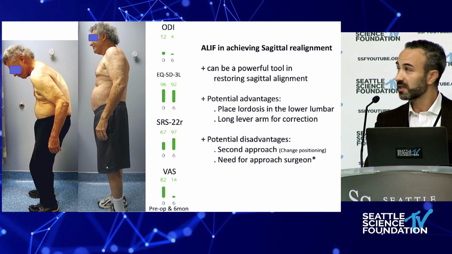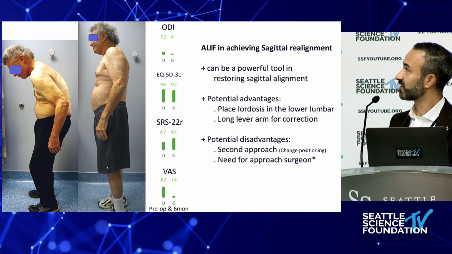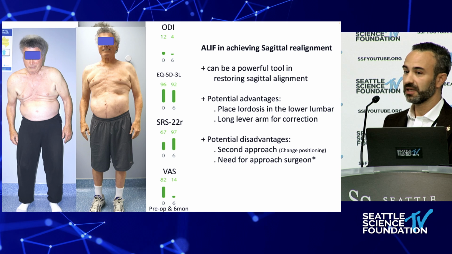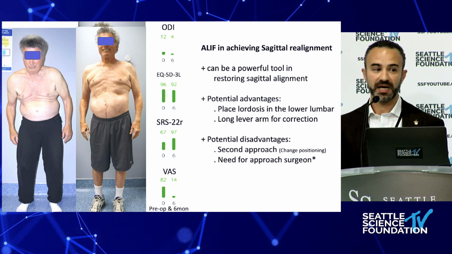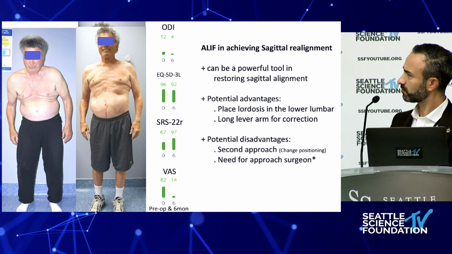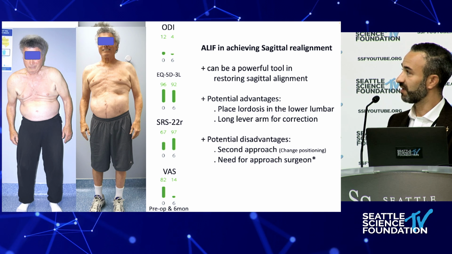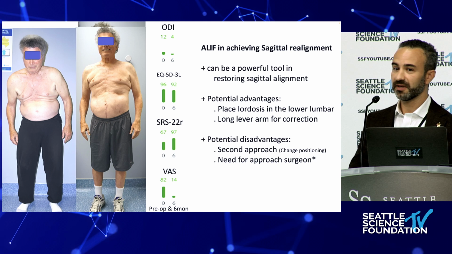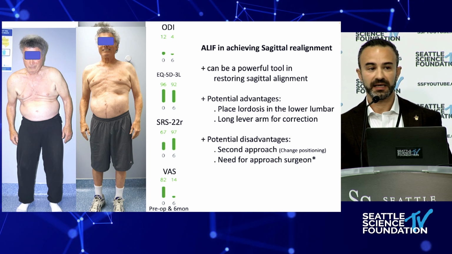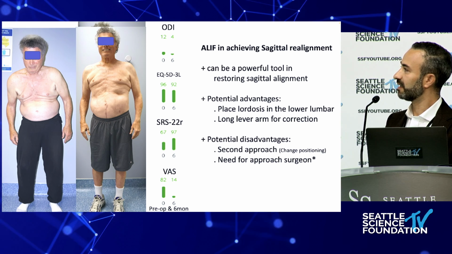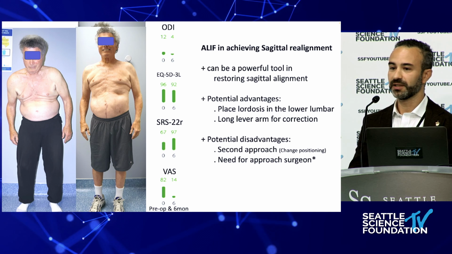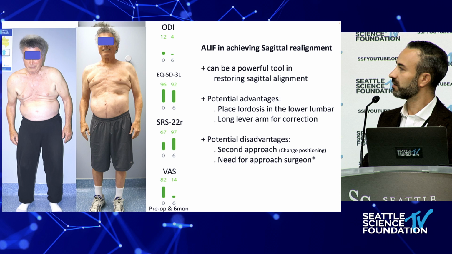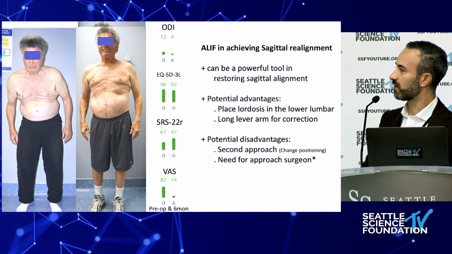In summary, ALIF can achieve sagittal realignment, and as recently shown, it could be as powerful as a pedicle subtraction osteotomy. Its potential advantages are placing the lordosis in the lower lumbar, and there's a plethora of literature coming out on that. And the long lever arm for correction is one of the big reasons why this is very advantageous, and it is a powerful tool.